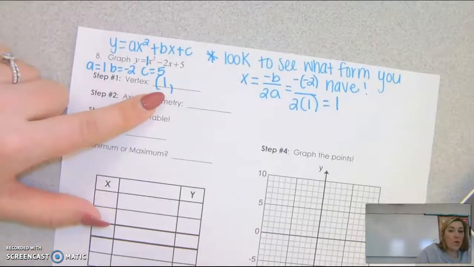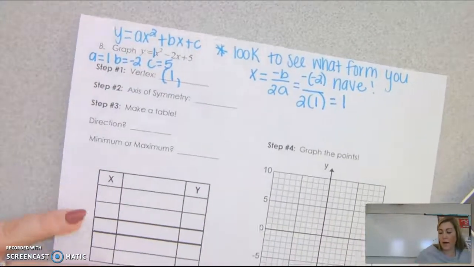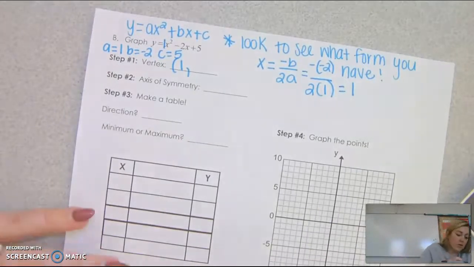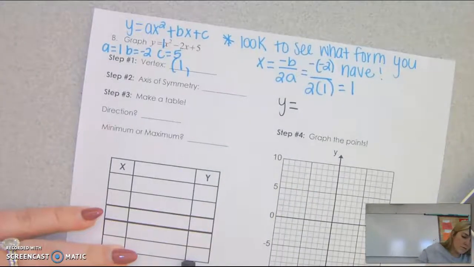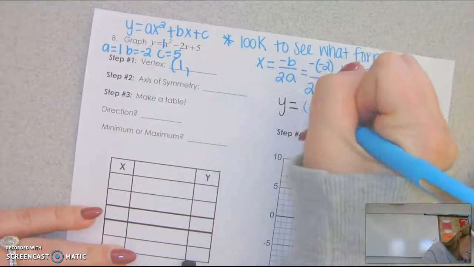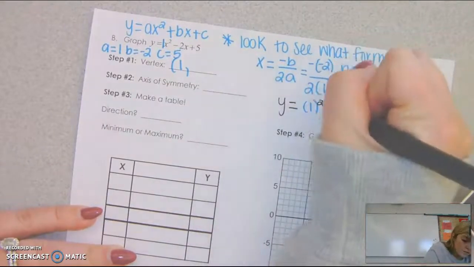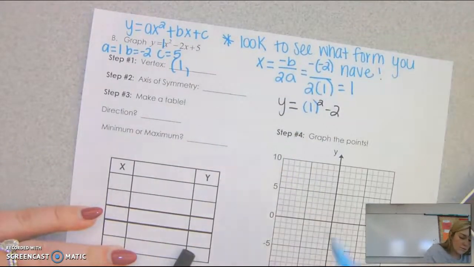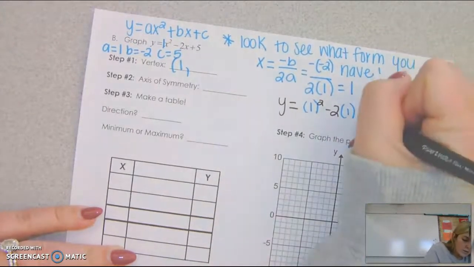Now I'm going to plug 1 in for x into my function to find my y. So I have y equals 1 squared minus 2 times 1 plus 5.